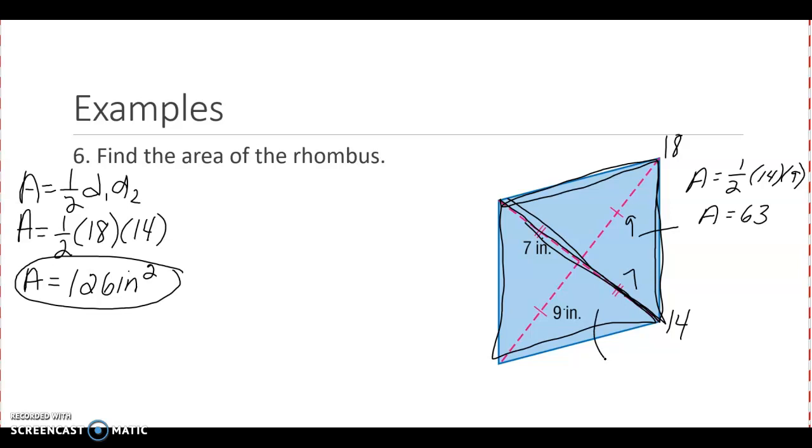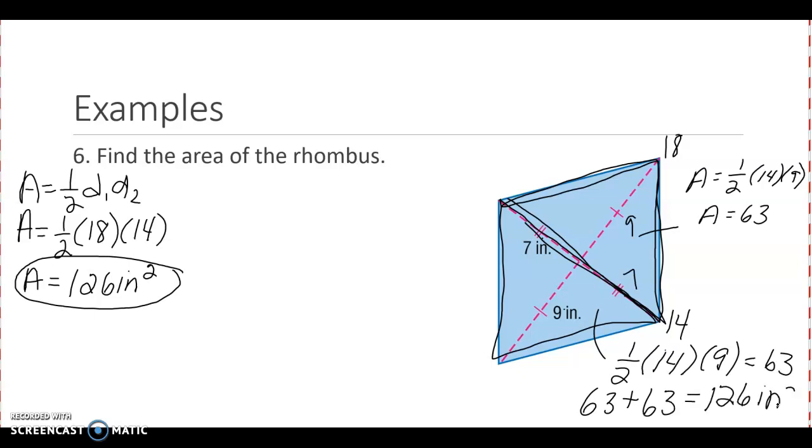This triangle, 1/2 again, 14 times 9, would give me 63, and 63 plus 63 does give me 126 square inches. So it's really personal preference which one you prefer. Again, this one is not on the Keystone formula sheet, this one is, whichever you would like to use.